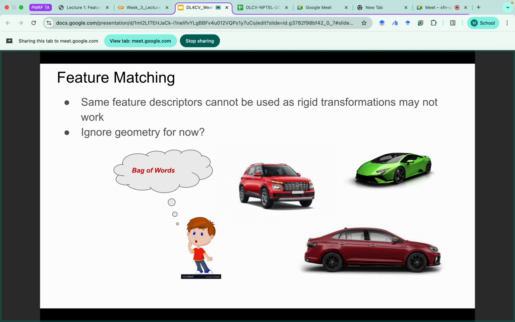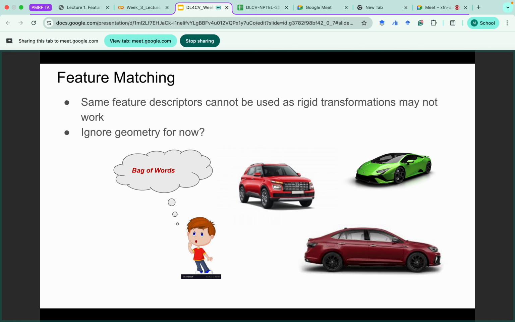In such a case, it can do identical mapping based on the features identified. But in applications where I don't care about local features, and it's more about the semantic information, like what is the structure of it and how do you define a car.